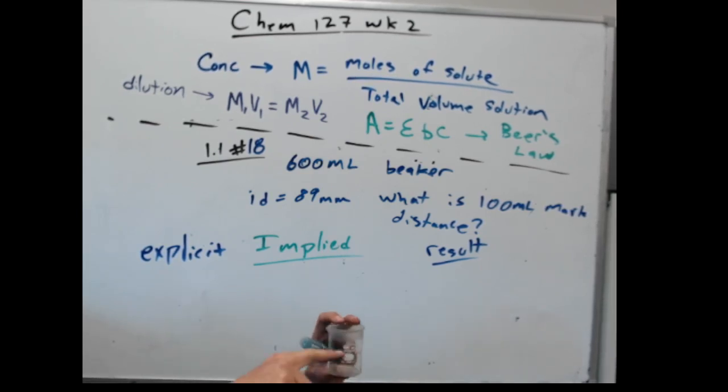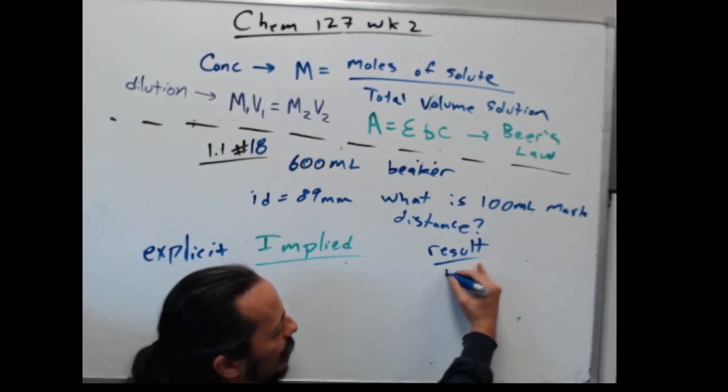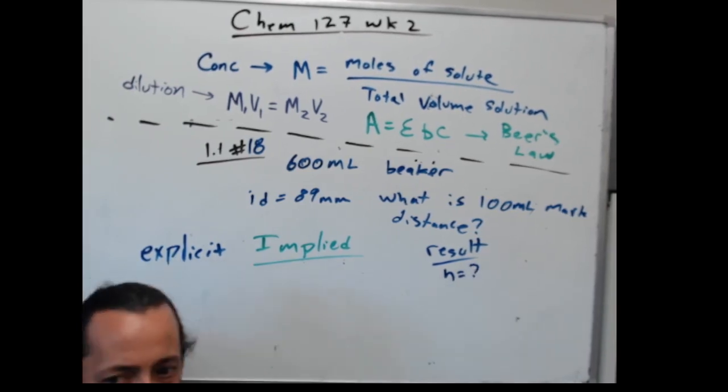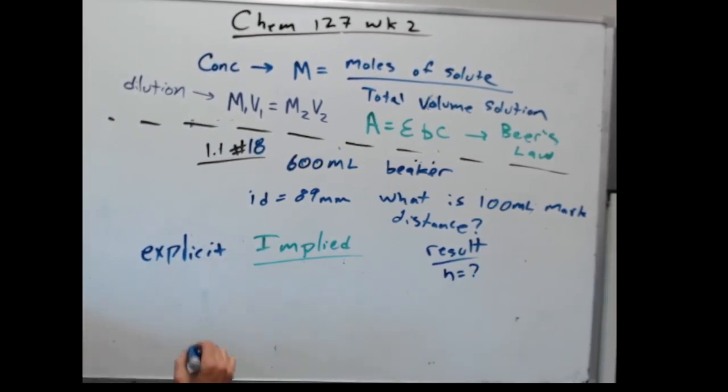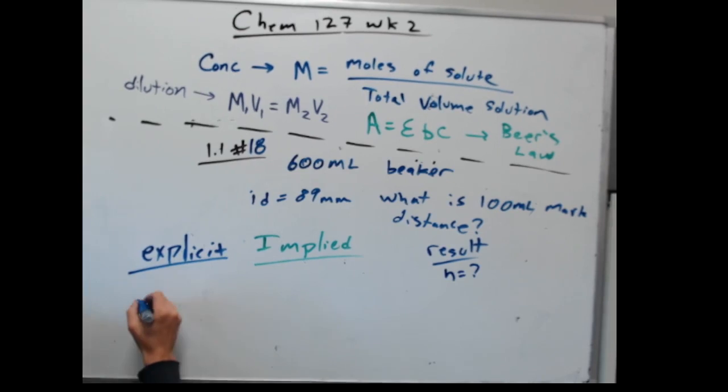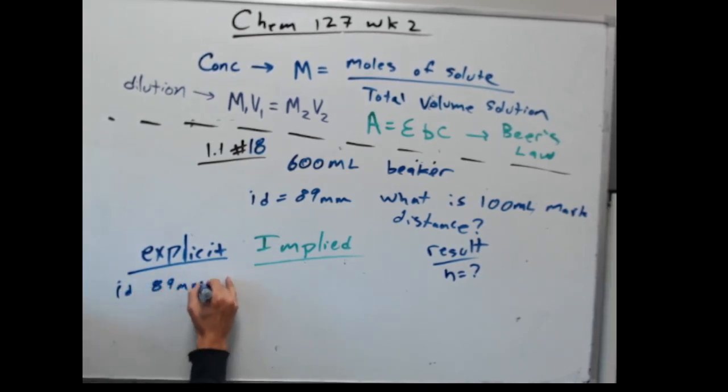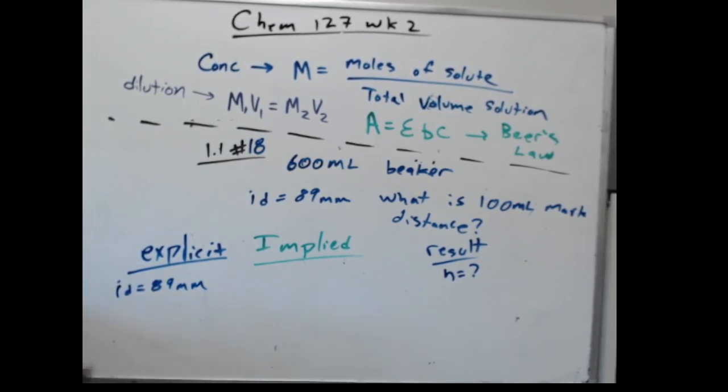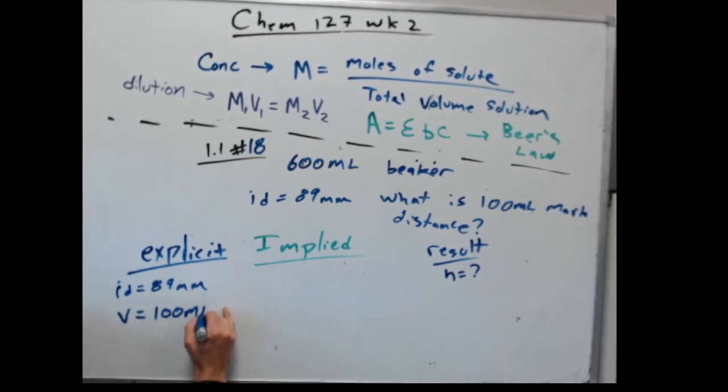If we wanted to go up this dimension, what would we call that? Height. Yeah, we call that height. So the result we want is some height number. The thing we're told explicitly is that the inner diameter is 89 millimeters, and the volume between the marks we want to consider is 100 milliliters.